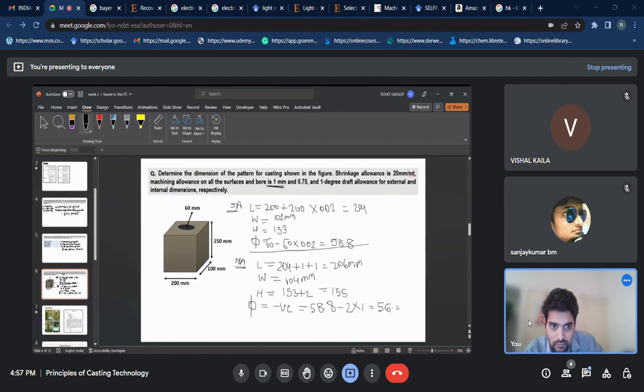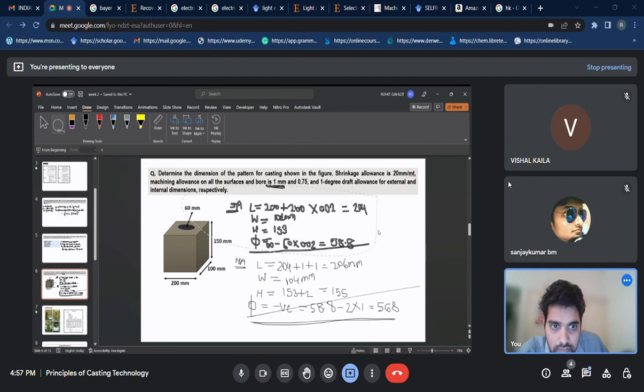So it will be again 58.8. For the central hollow diameter, all the allowances are to be considered negative. So as it is 1, we need to subtract it 2 times, right? So it will then be 56.8.